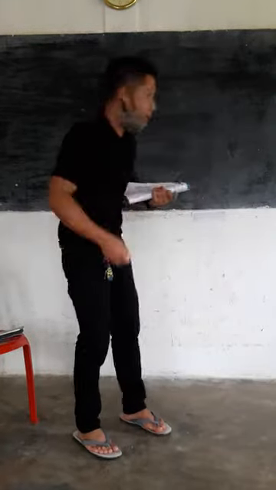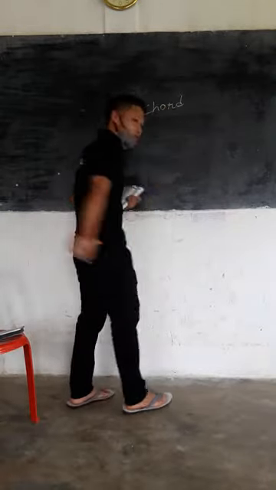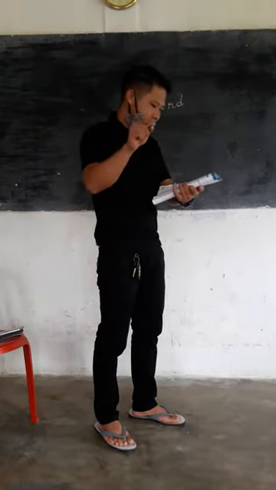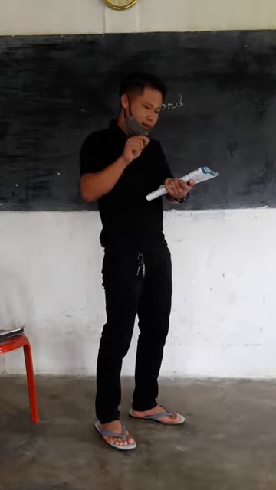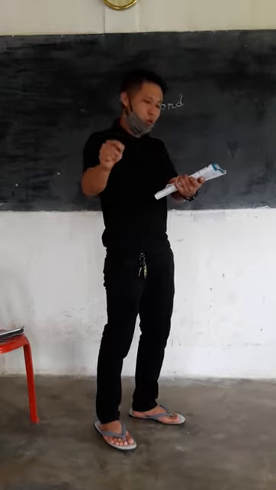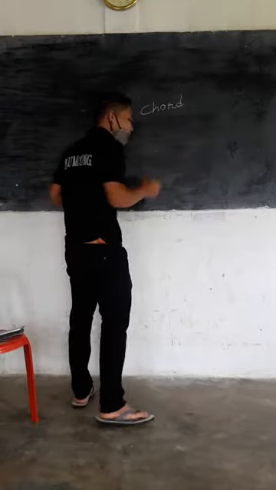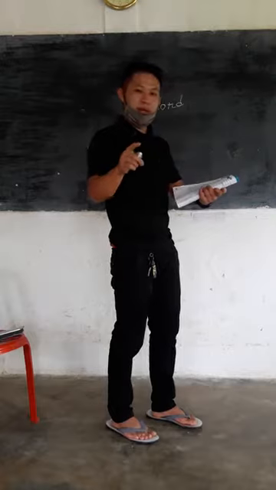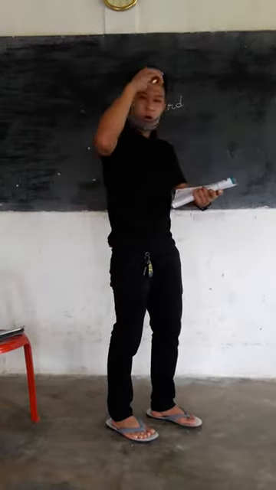The first answer is chord. Next one: diameter is a line segment whose end points lie on the circle and which passes through dash of the circle.